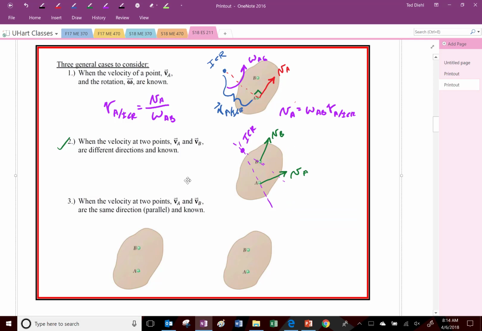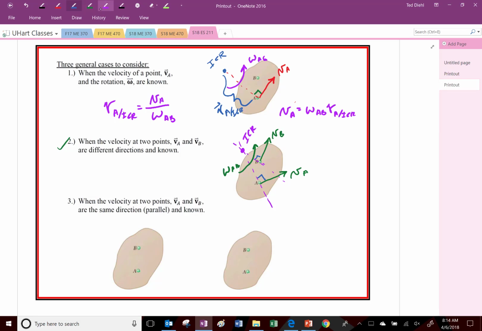And so if we have either one of those, we're able to find what the omega AB, the rotation about that point, is going to be. We're relying on the fact that these are going to be perpendicular. So that's a graphical way, but we could also figure out from magnitudes what those are going to be.